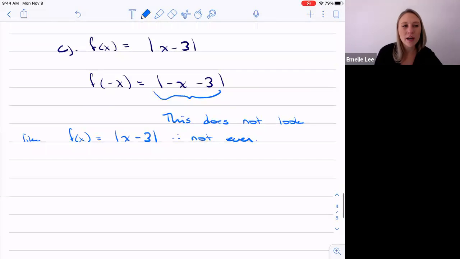If it was odd, then we could say, well, then f of negative x must be negative f of x. So I need to look at negative f of x, negative absolute value of x minus 3. Well, that's not this either, right?